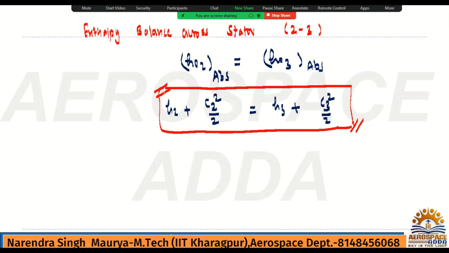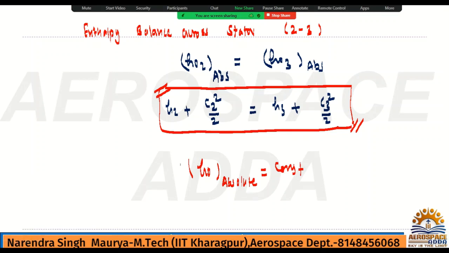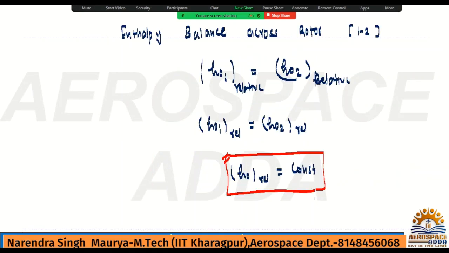Across the stator, what enthalpy will be constant? Absolute total enthalpy, H0, will be constant. Always remember. Across the rotor, the total relative enthalpy will be constant.